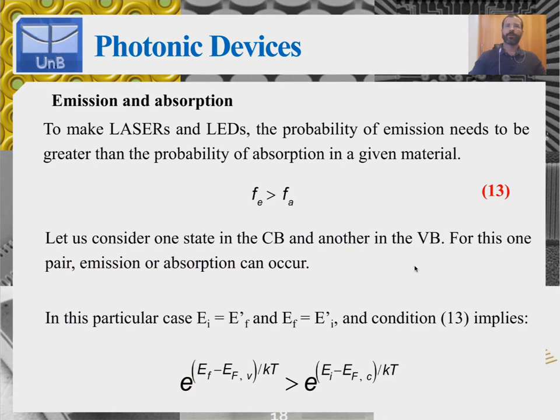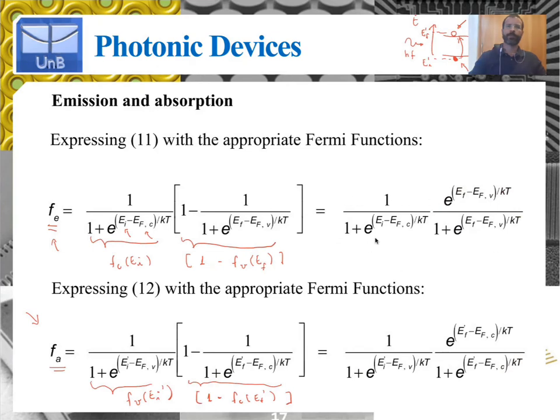And if we substitute the condition associated with equation 13 and replace these expressions, so this one for f of E and this one for f of A, and again, if we substitute EI dash by EF and EF dash by EI here, the two denominators will be the same, so this one will be the same as this one.